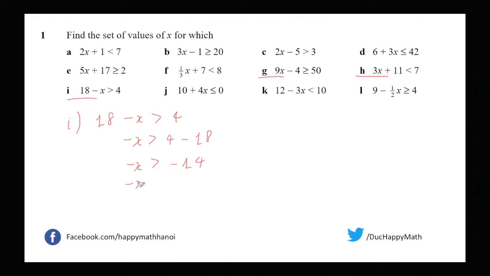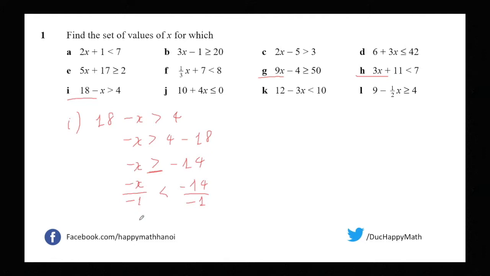After that, I have to divide both sides by minus 1. Dividing by minus 1 means you divide both sides of the inequality by a negative number. So when you divide both sides by a negative number, you have to change the sign of the inequality, from the greater than side to the less than side.